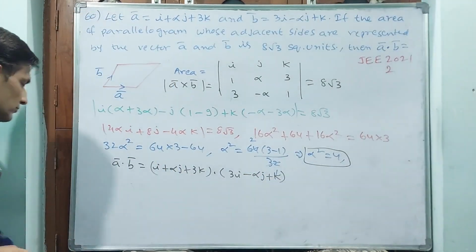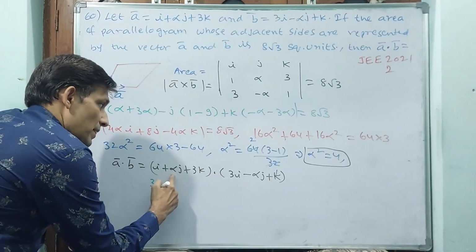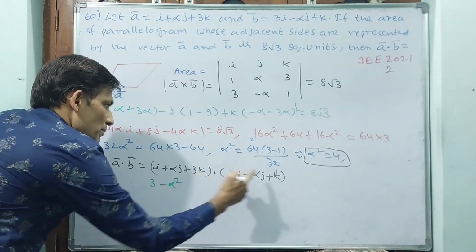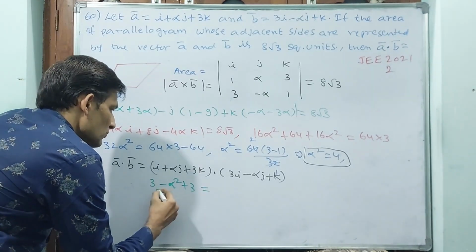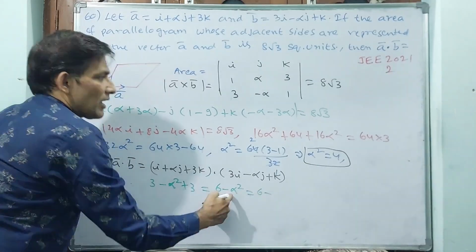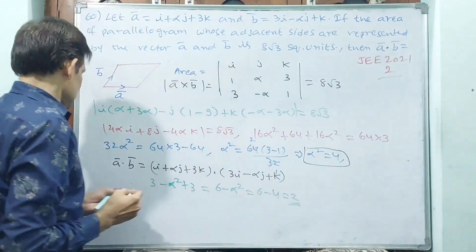Okay, 1 into 3, 3. α into −α, −α², plus 3 into 1, 3. That is equal to 6 − α². Value of α² directly put 4. That is equal to 2. 2 will be your answer.